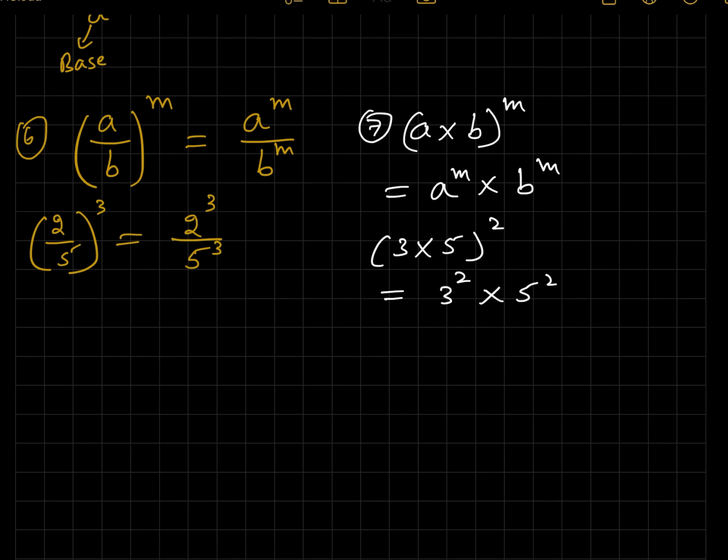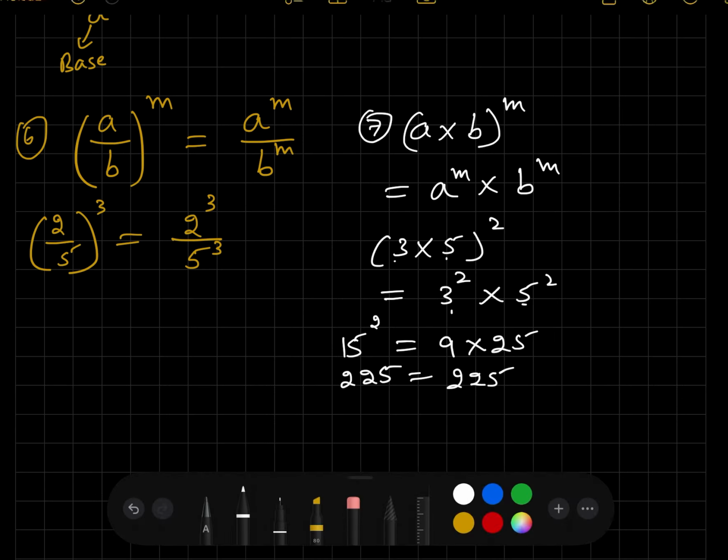We can check also. See, 3 times 5 is 15. So 15 square is equal to 9 times 25. 15 square is 225 and 25 times 9 is also 225. Okay, so always this will be equal.